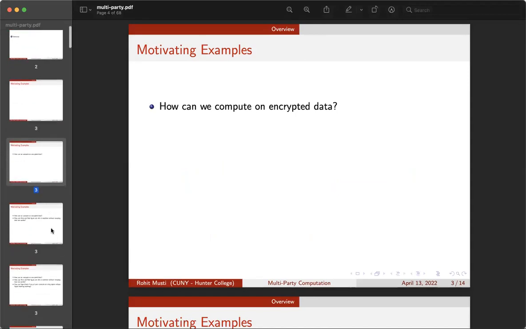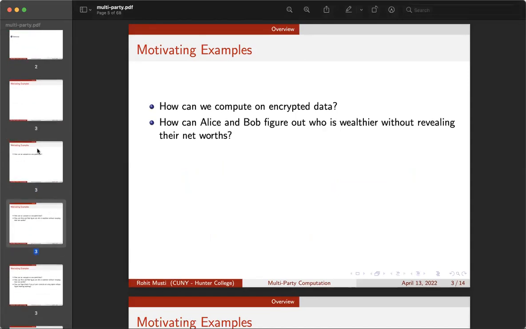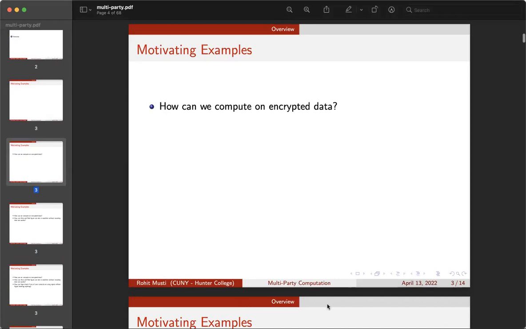So how can we compute on encrypted data? As another motivating example, if we return to our favorite colors example, let's say we have person A, person B, person C, and all the data is encrypted.